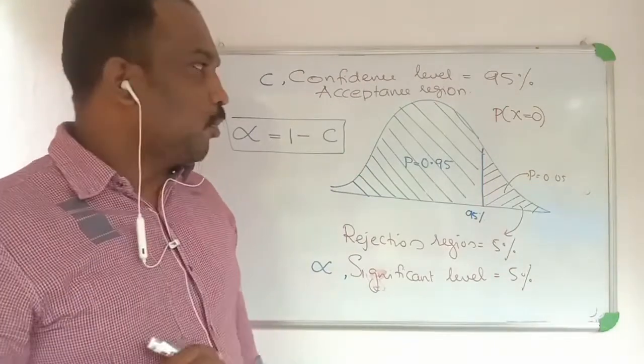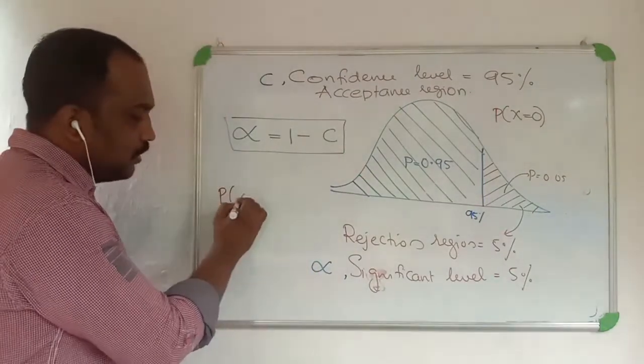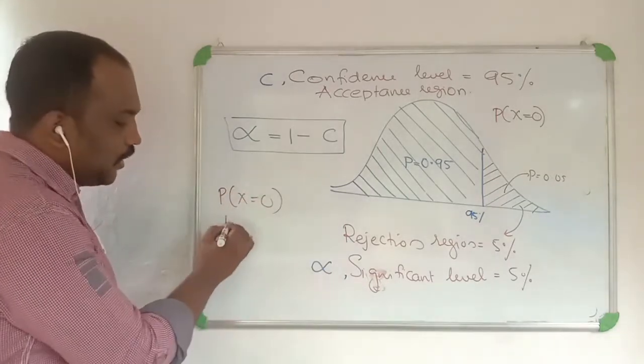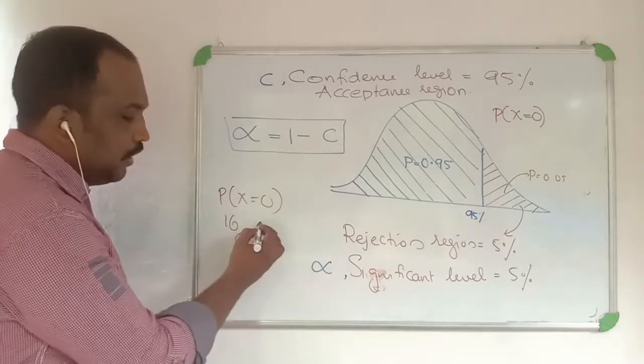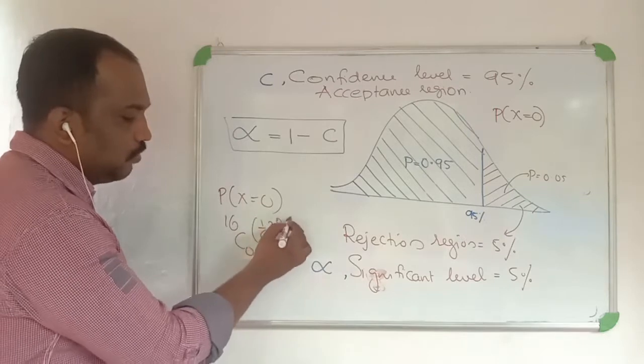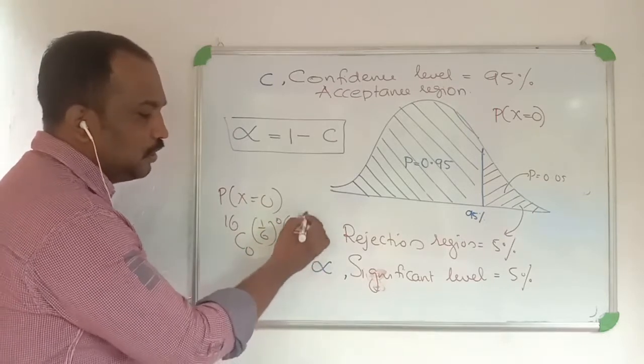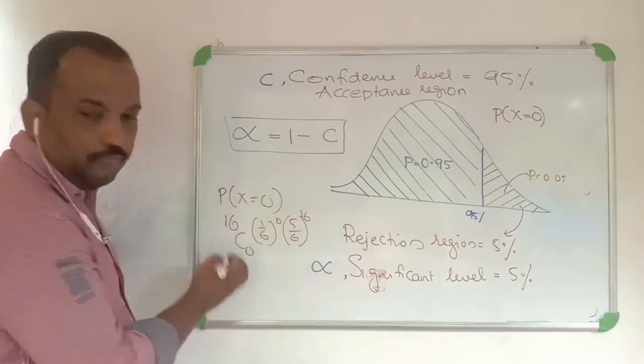We have calculated the probability of x equal to 0. Do you remember that? We calculated it as 16C0 into (1/6)^0 into (5/6)^16.